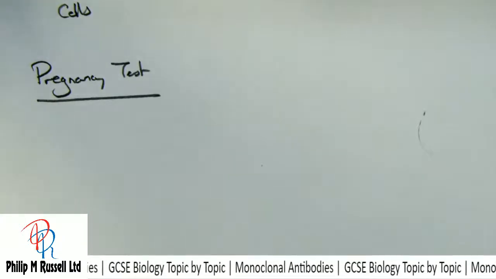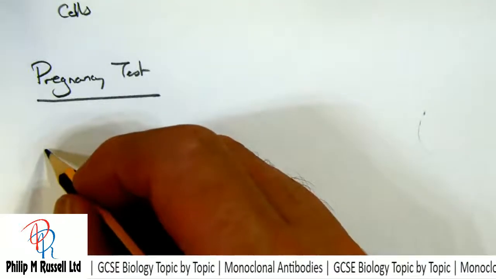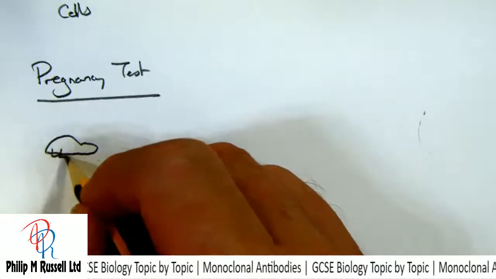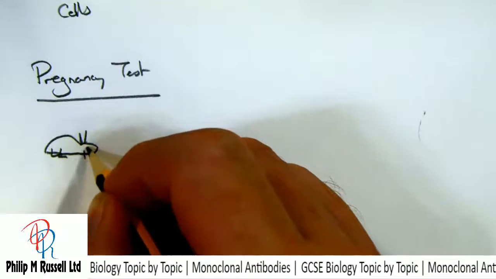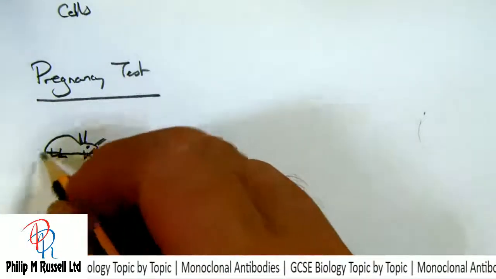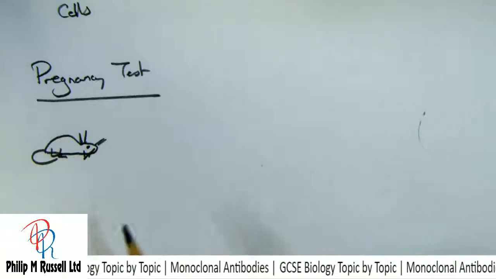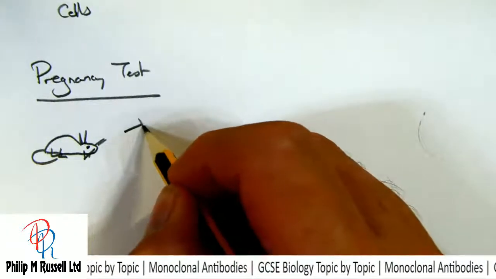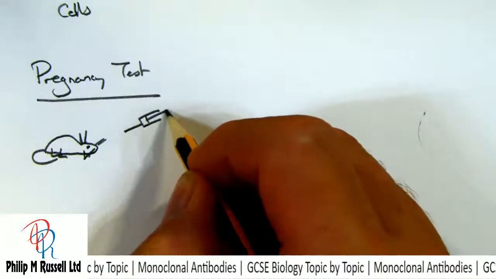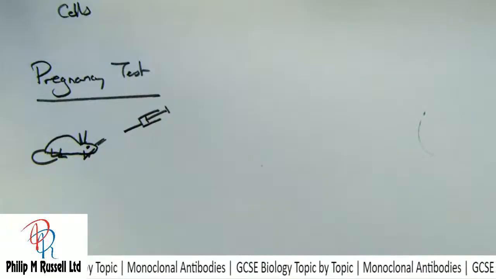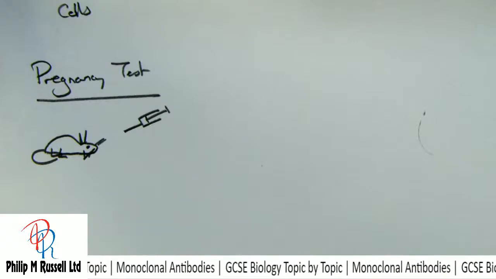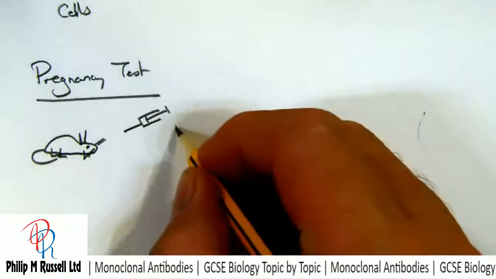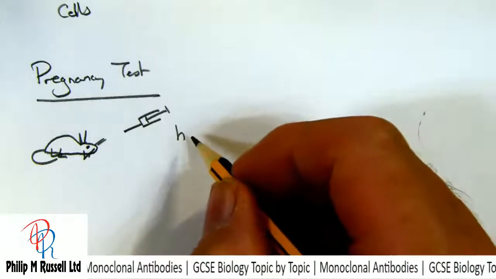So what we could do is we could take our mouse again, and what we could do with this mouse is we could inject this mouse with a particular chemical, and this chemical is called HCG.